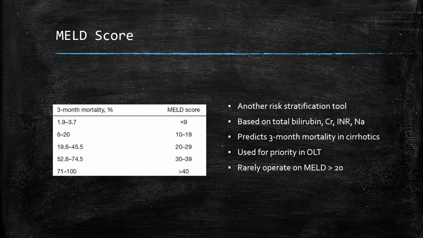The MELD score is designed to predict 3-month mortality in cirrhotic patients, and so its main use case is to determine priority on the liver transplant list. But since it's so easy to calculate, this score has found use in general surgery. As it turns out, we will rarely recommend operation on any patient with a MELD score greater than 20. Their risk is just too high.